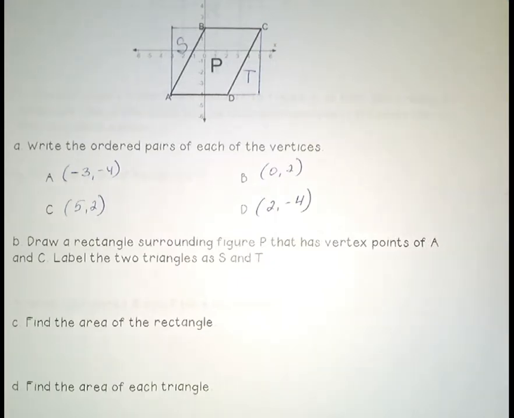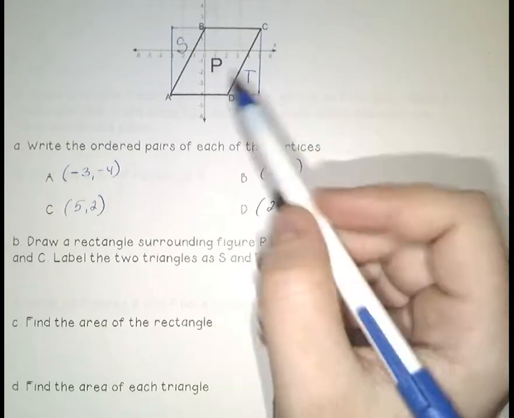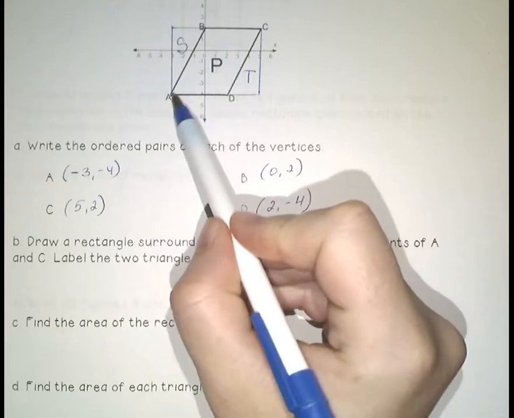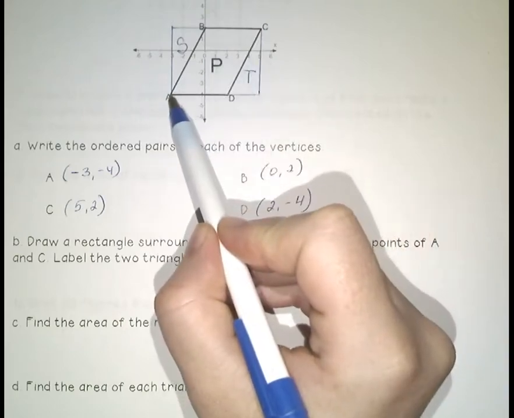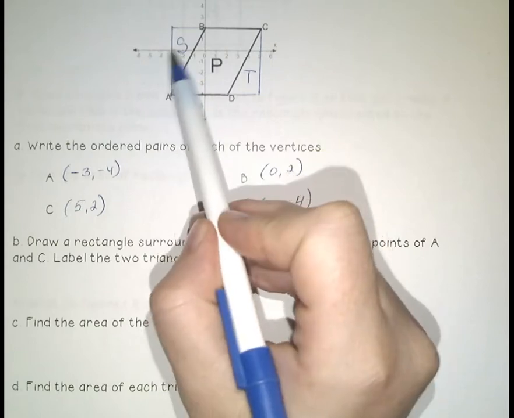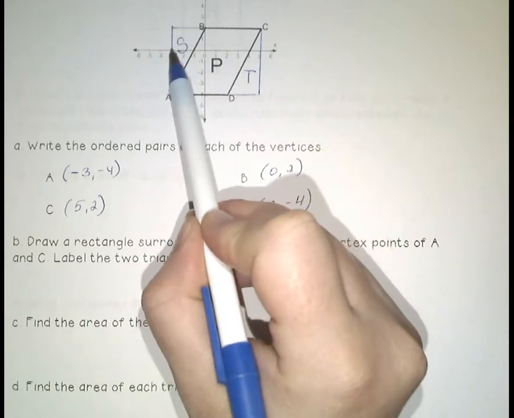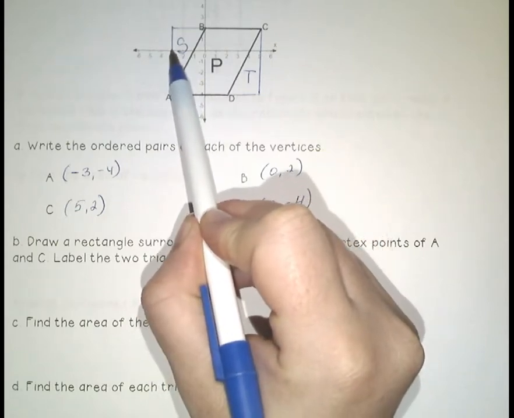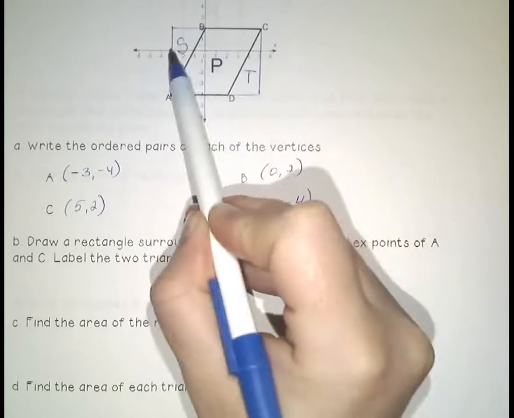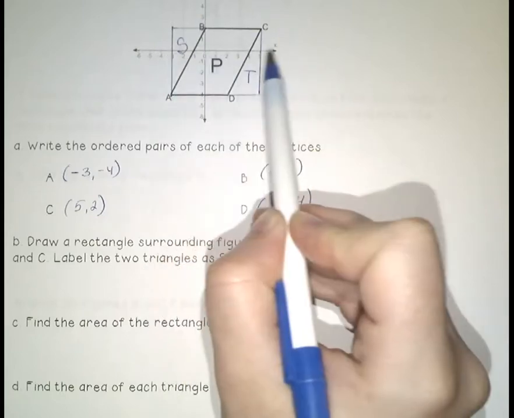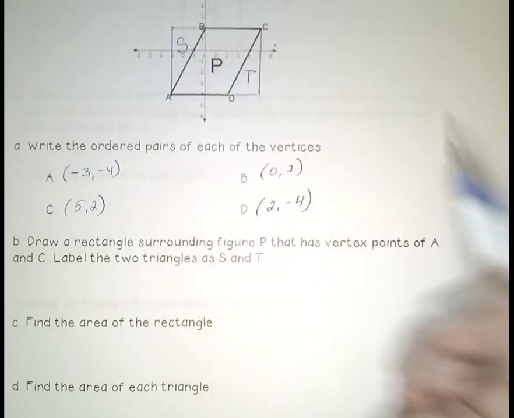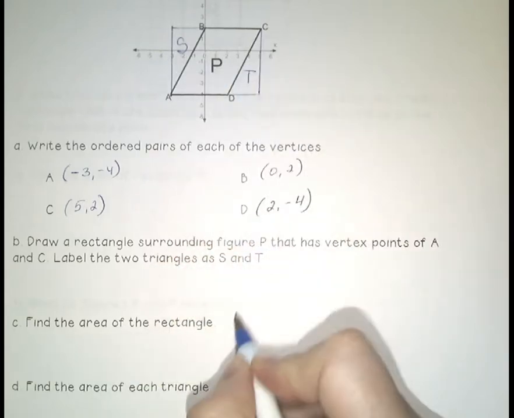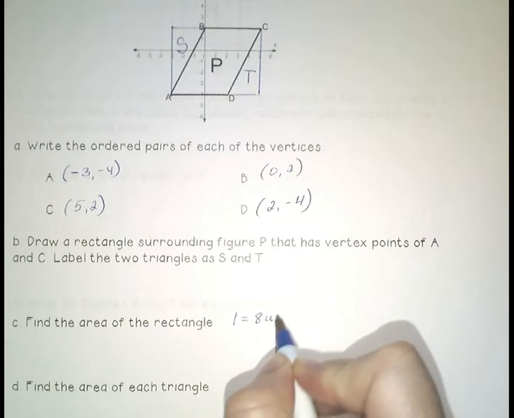Now we need to find the area of the rectangle. So let's take a look at how many units are our length and width to be able to find the area. The length goes from -3 on the x-axis to 5. So we have 3 units to 0 and 5 units to 5. So altogether it's 8 units. So length is 8 units.